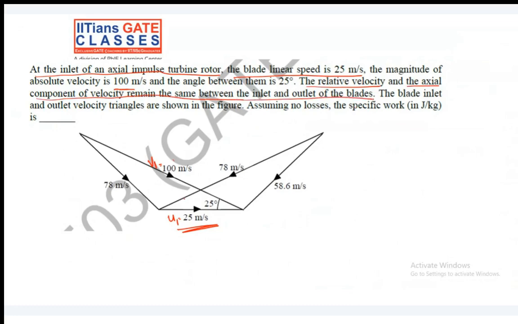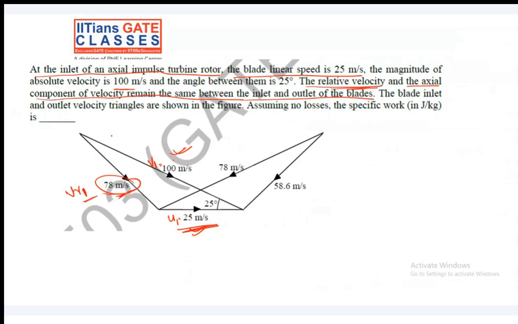So what does it mean? That if this is V1, this is U, then this is bound to happen VR1. Yes or no? Why? Because the velocity triangle, how V and U get closed using VR1, right? Similarly here, this is VR1. Why? Because it says that the relative velocity remains same.